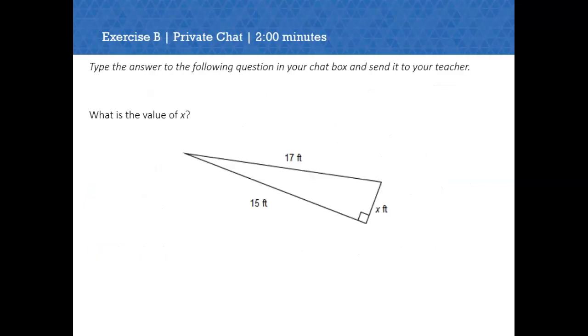Now we are going to find the value of x. We just said that 15 squared plus x squared is equal to 17 squared. This is where you need to be careful. We can move things around, but what I like to do, especially when you're first starting, is do 15 squared first, which is 225, and then 17 squared, which is 289.